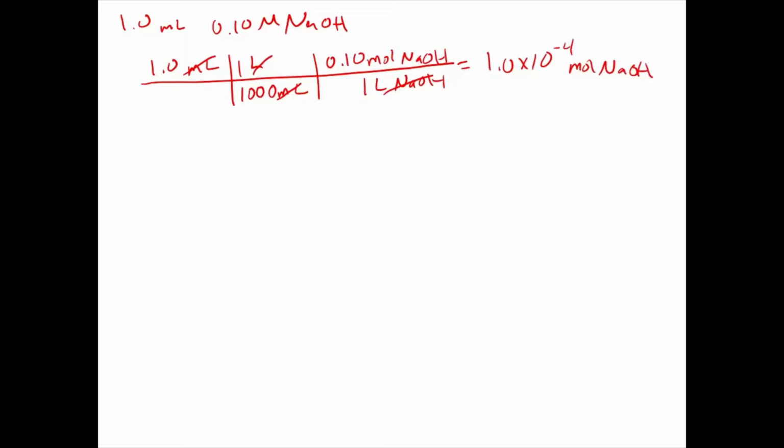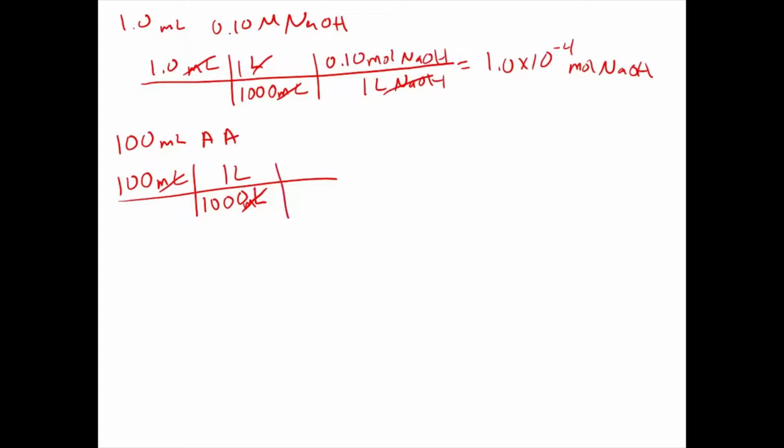We also know the amount of acetic acid, because we were told 100 milliliters of acetic acid. So we have 100 milliliters, and 1 liter per 1,000 milliliters.